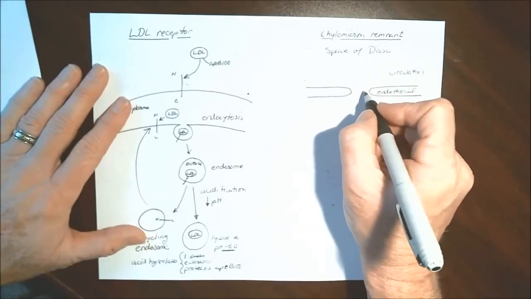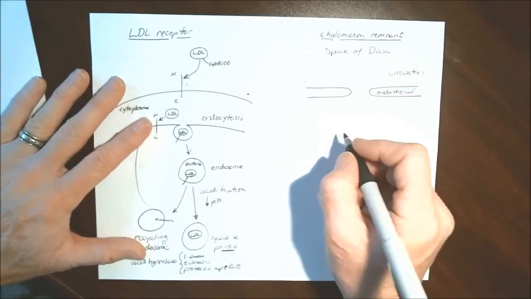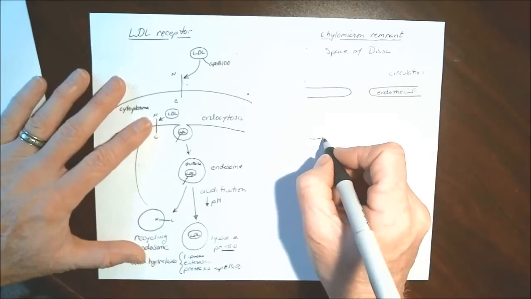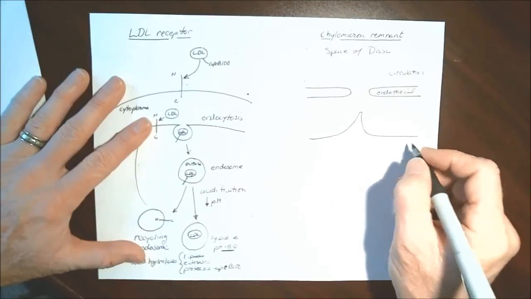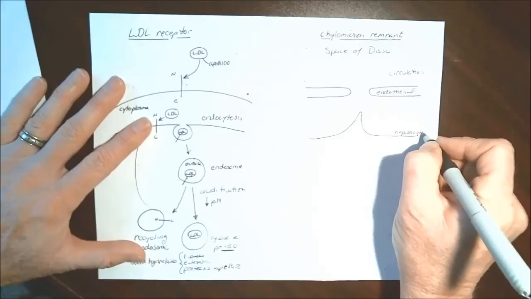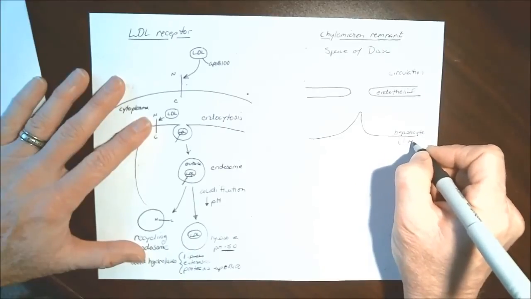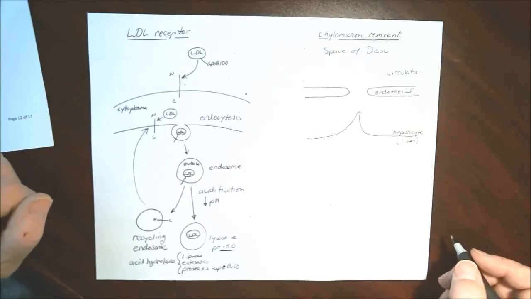This is a pore, a gap between the endothelial cells, and then here we have the top of our hepatocyte, which is the primary site in the liver that is performing our metabolic functions.